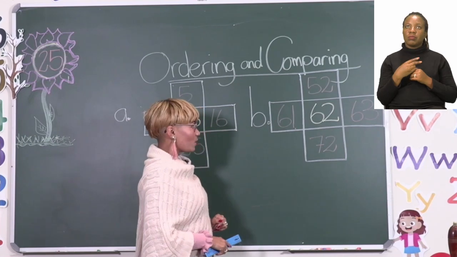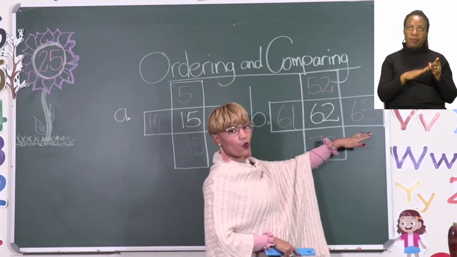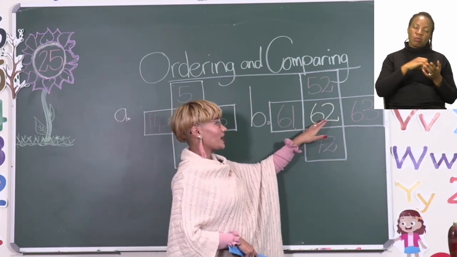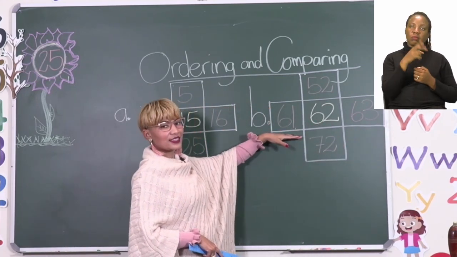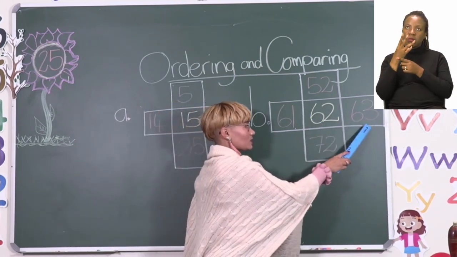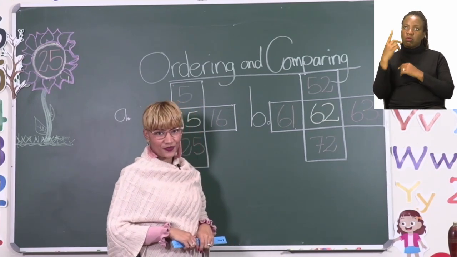Okay, here we have 1 less and 1 more, meaning 62 minus 1 is 61. 62 plus 1 is 63.